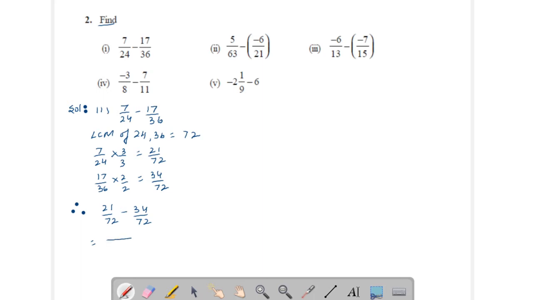Here denominators are same, write once, and subtract numerator, that is 21 minus 34. If we subtract it, what will you get? Minus 13 upon 72. This is your answer.